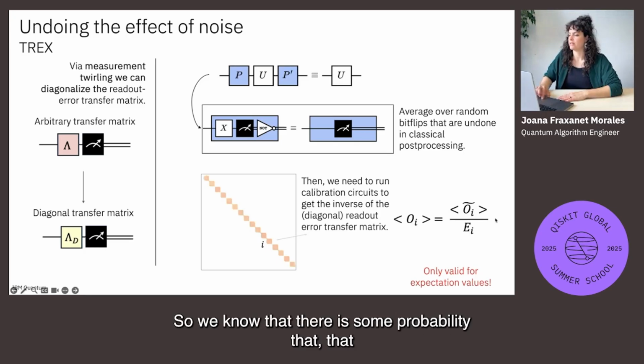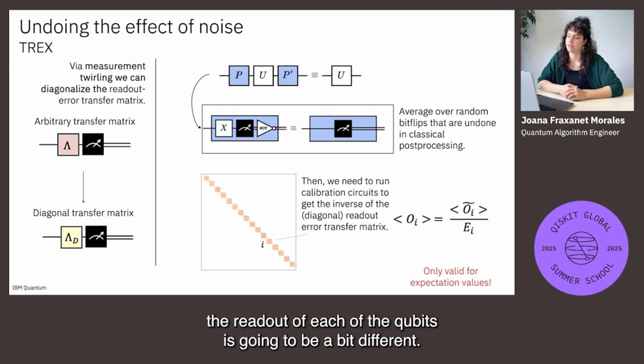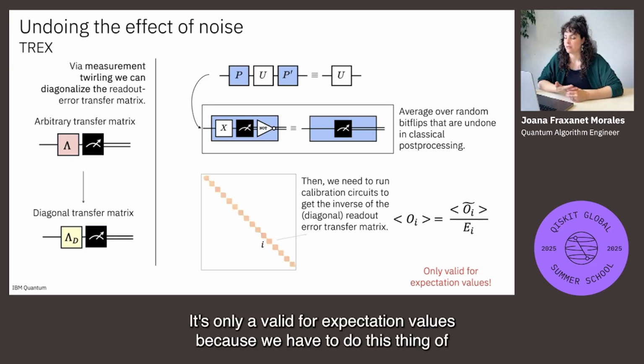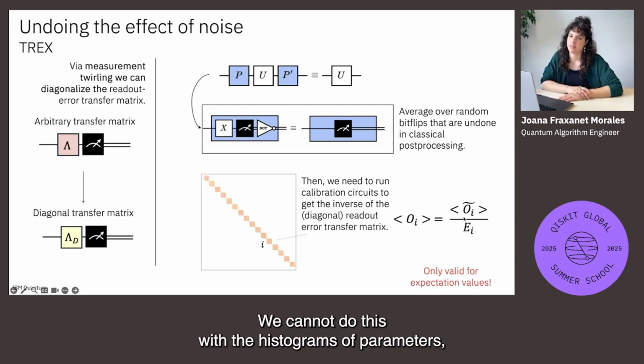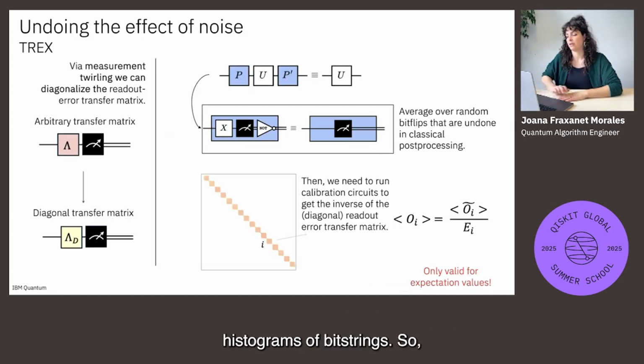So we know that there is some probability that the readout of each of the qubits is going to be a bit different. It's only valid for expectation values because we have to do this thing of dividing the value of the expectation. This is just a number. We cannot do this in histograms of bit strings.